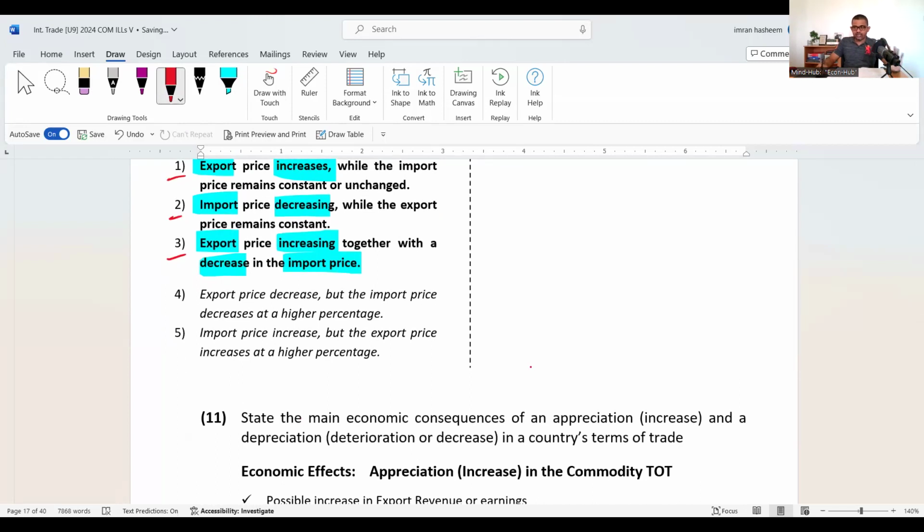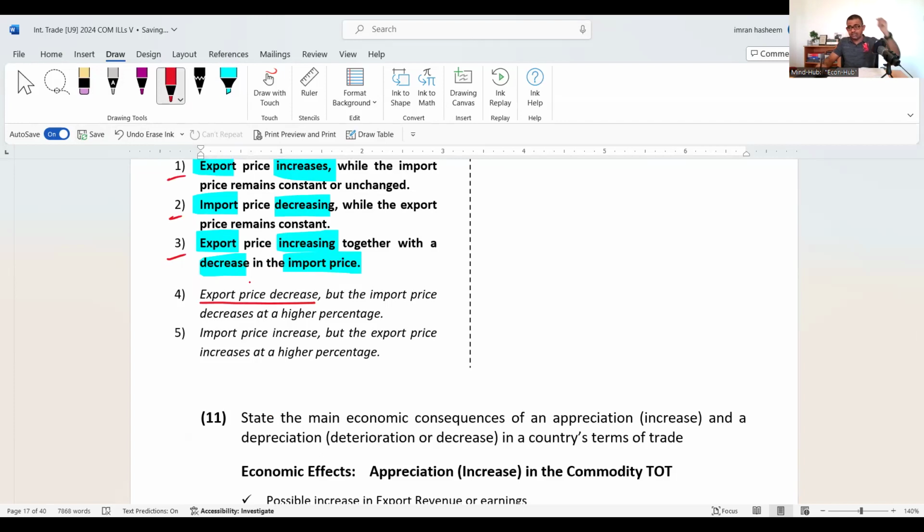Now, when you read the first part, you have to pick this. If export prices decrease, problem, no? If you want the terms of trade to increase, the exports have to increase.